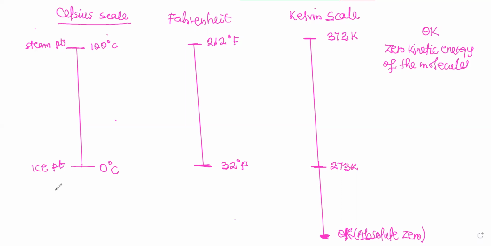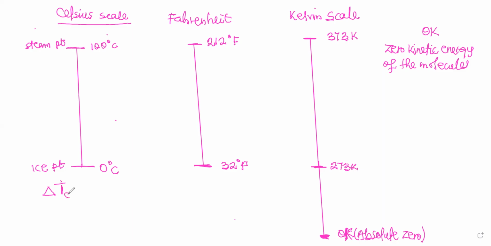a change in temperature. How do we determine a change in temperature on the Celsius and then on the Kelvin scale? The delta symbol represents change in temperature.